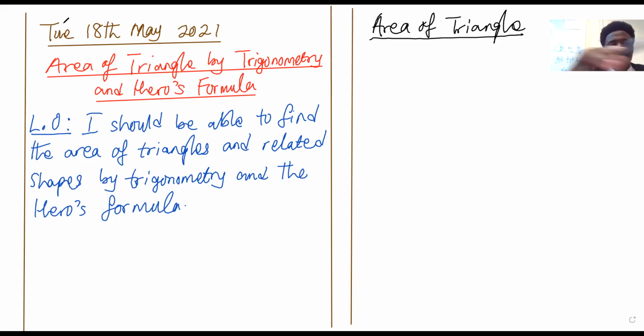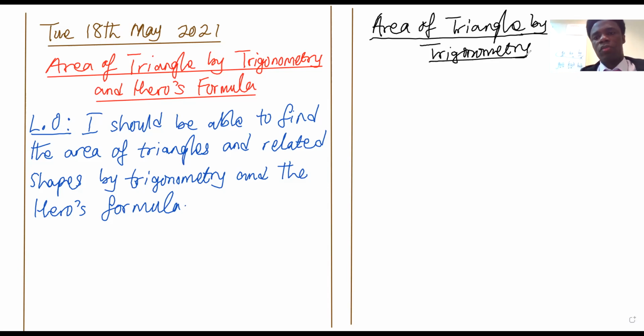Okay, area of triangle by trigonometry. Of course, from the word trigonometry, you know we are going to be dealing with SOHCAHTOA. Are we dealing with all of them, or one of them? You will see in a bit.